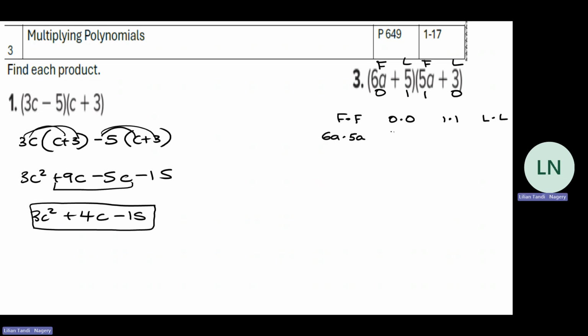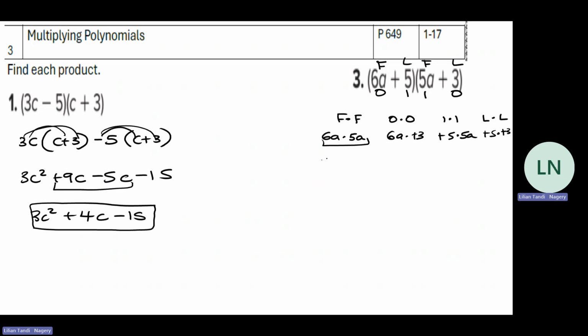My O's are 6A times positive 3. My I's are positive 5 times 5A. And my last are positive 5 times positive 3.